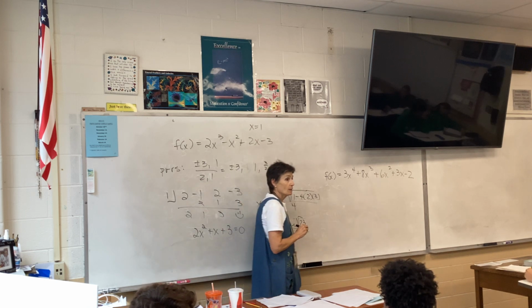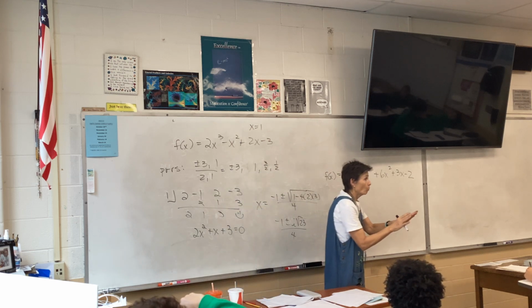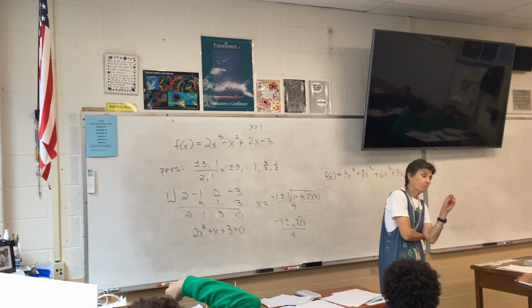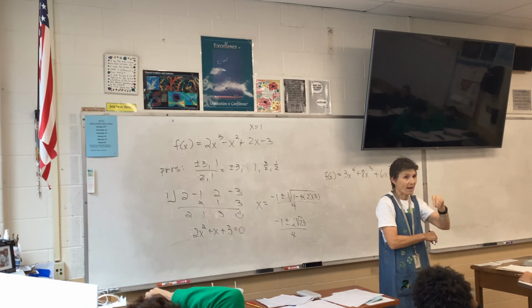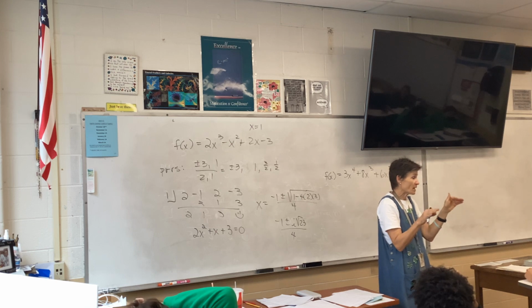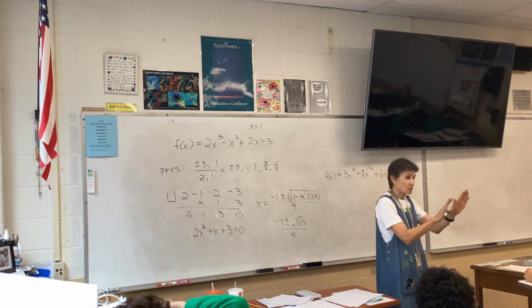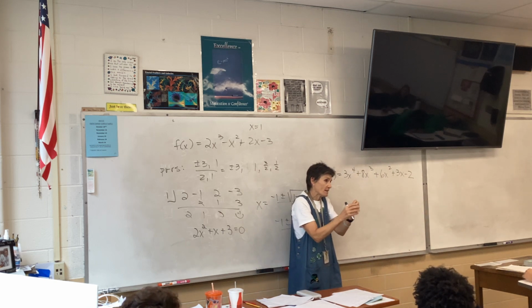But in those 4 solutions, would it be possible for all 4 to be imaginary? Now, I'm not saying in this problem, but could you have a fourth-degree polynomial and have 4 imaginary roots? Yes, you can't have 3, but you could have 4. So you kind of are on the right track.